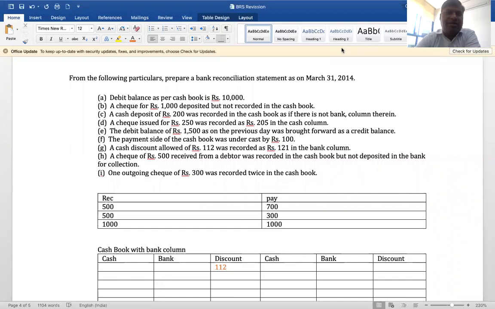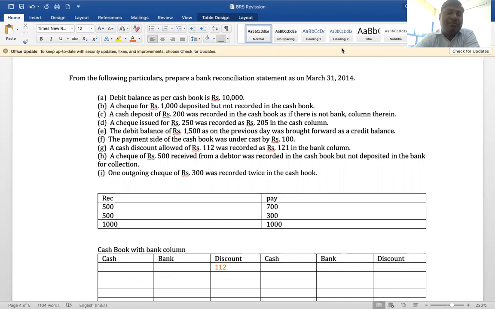And sometimes your customer may directly deposit money into your account. Due to such things also there may be a mismatch. But today we will talk exclusively about errors. If errors creep into the cash book or the passbook, how do we deal with them?